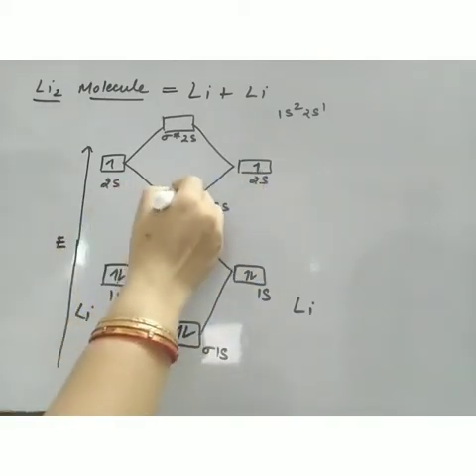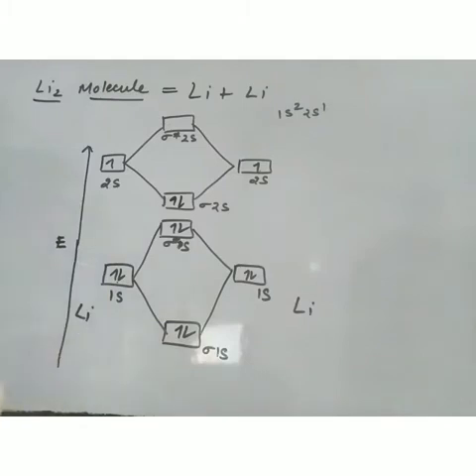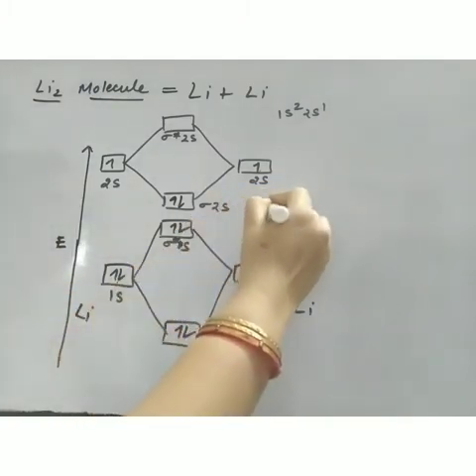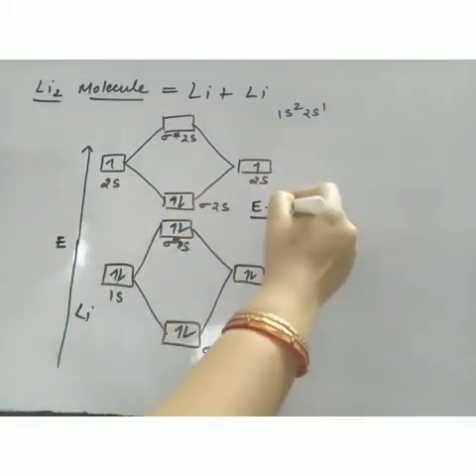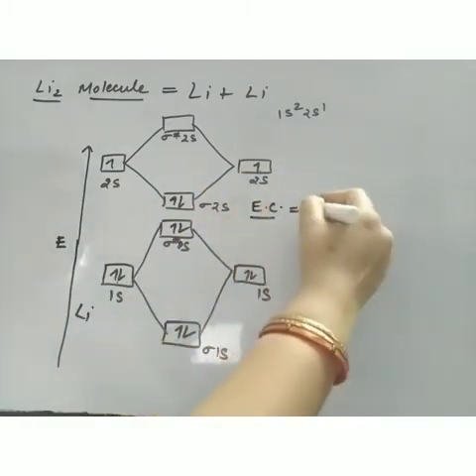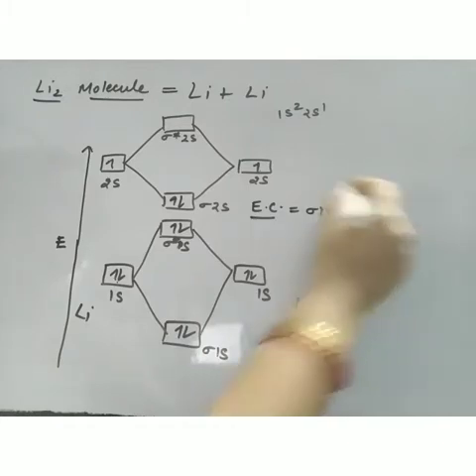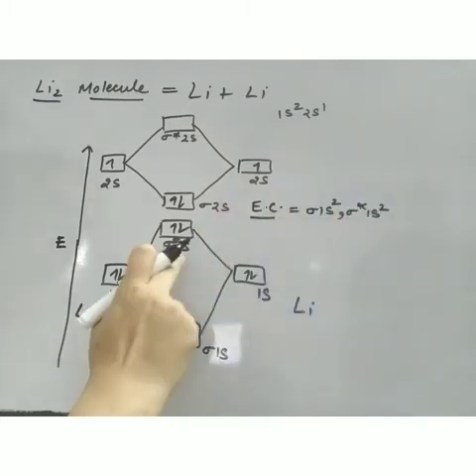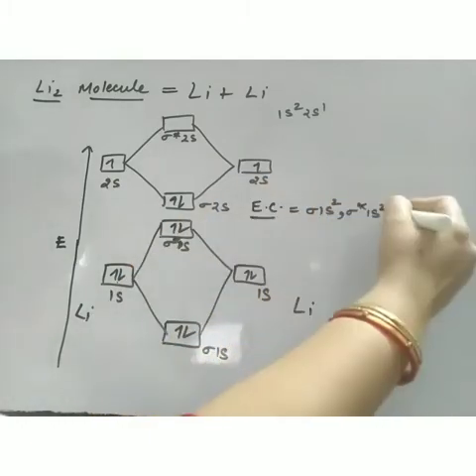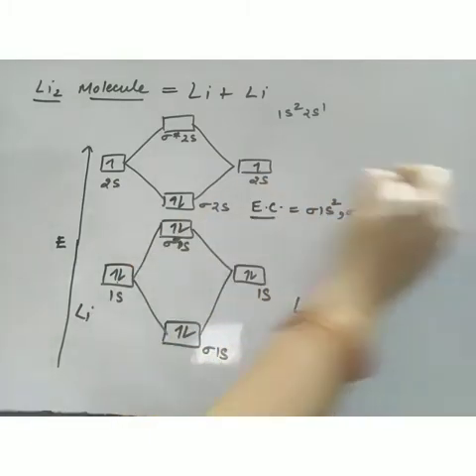So they will come here. Anti-bonding will not be filled because only 2 electrons are there. Now write the electronic configuration. Right from the beginning, sigma 1s2, sigma star 1s2, and sigma 2s2.